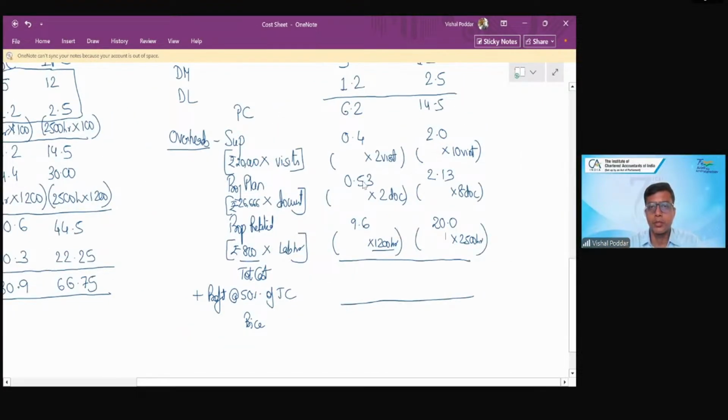So it is 6.6, it is 7.1, it is 16.73 roughly.